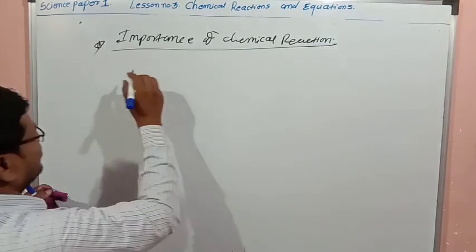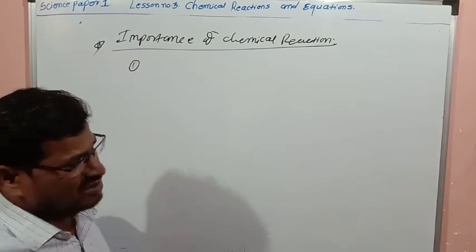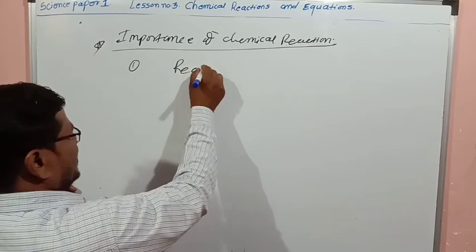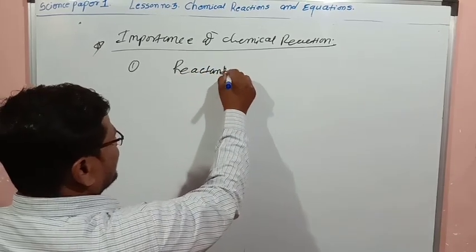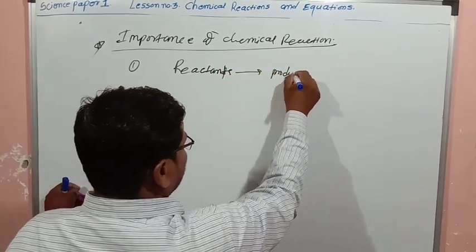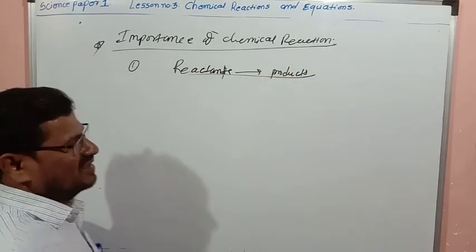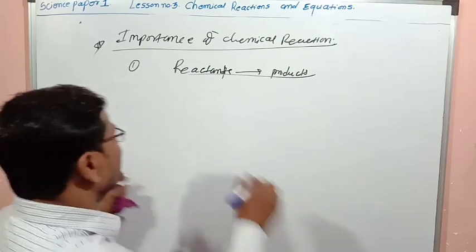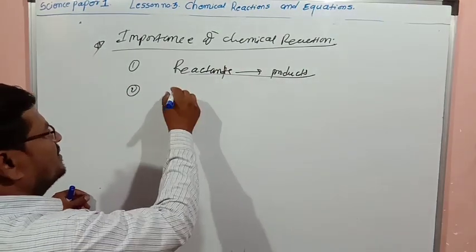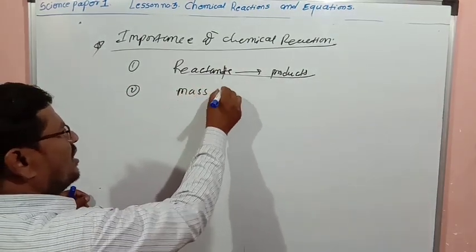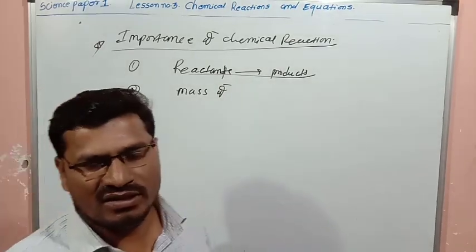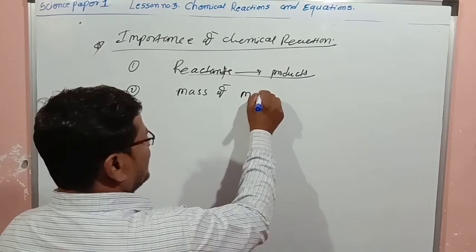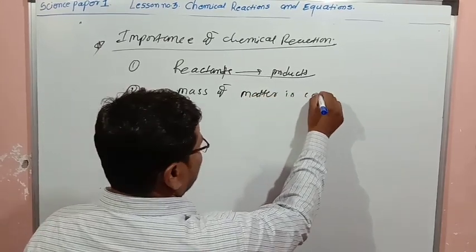So these are the 3-4 points on the importance of the chemical reaction. Reactants are converted into products. In a chemical reaction, reactants react together and give new substances, new products. Second, in a chemical reaction, the mass of matter is conserved.